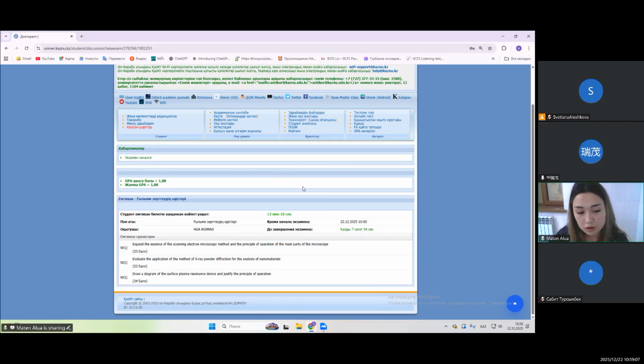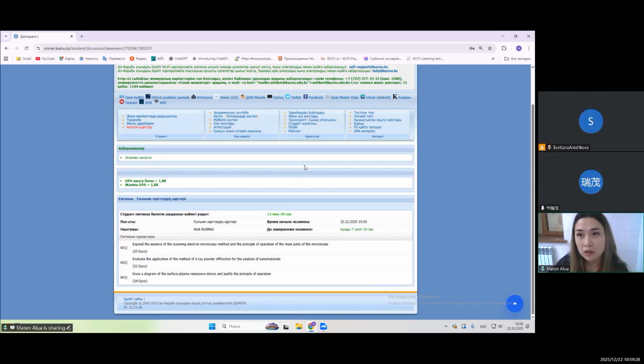I used X-ray for powder after finishing my work. I also have experience with a scanning electron microscope for characterization in my research, working with sample preparation, images, and acquisition.